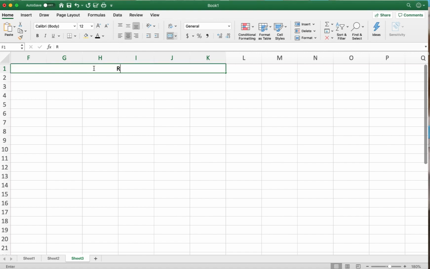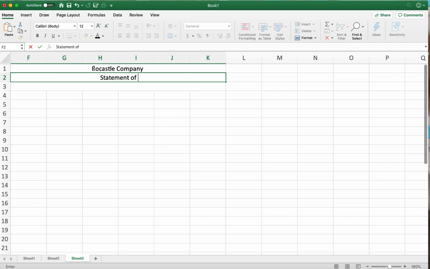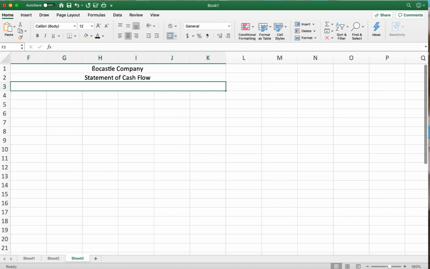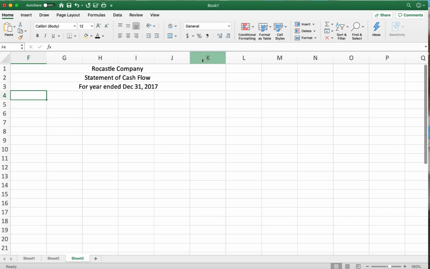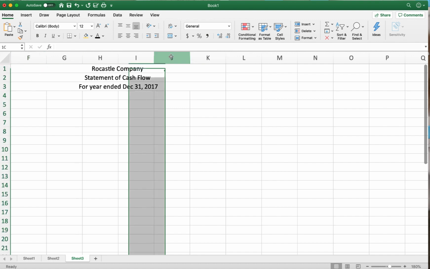So I'm going to type that in. We are doing the statement of cash flow. Remember, this covers a period of time, so it's for the year ended December 31, 2017.